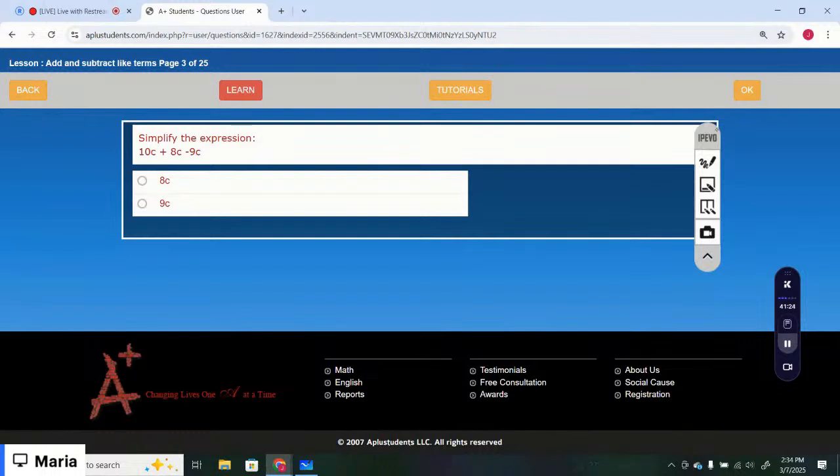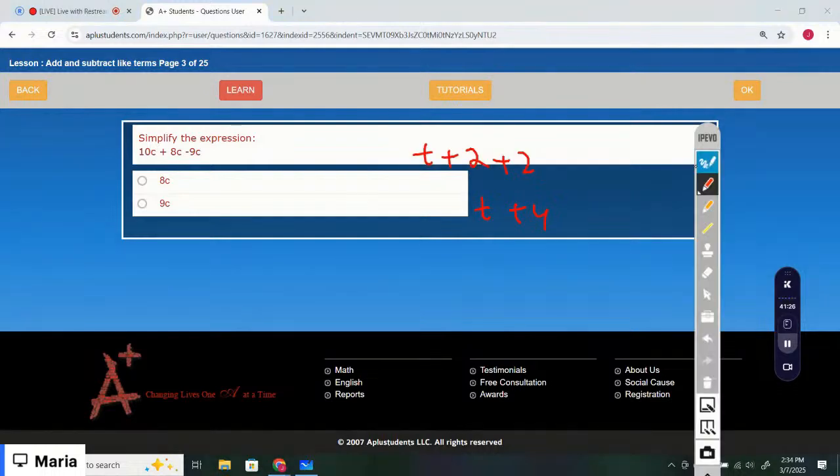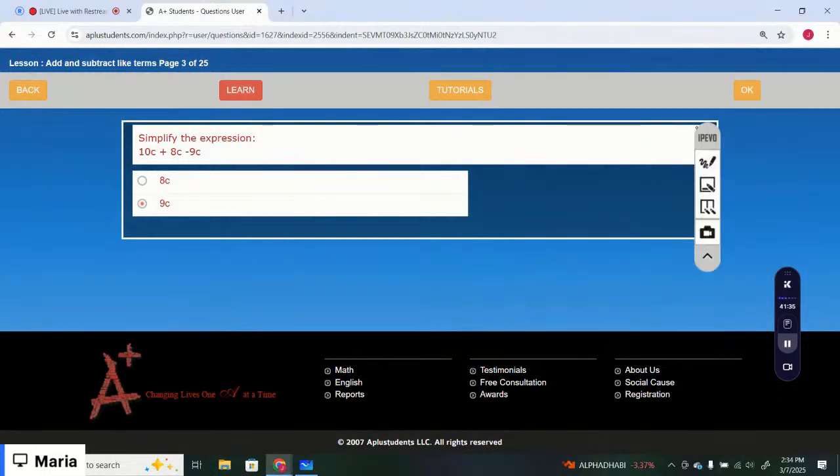10c plus 8c minus 9c. They are like terms, you just have to collect them. 10 plus 8 is 18 and 18 minus 9 is 9. So that is 9c.